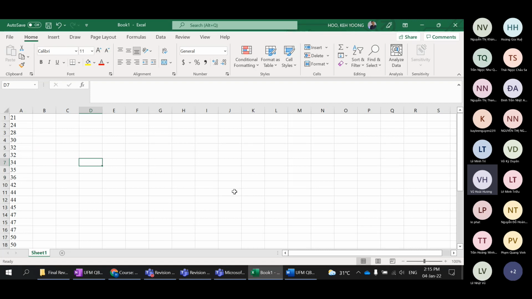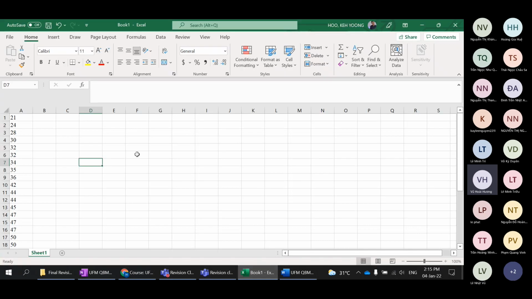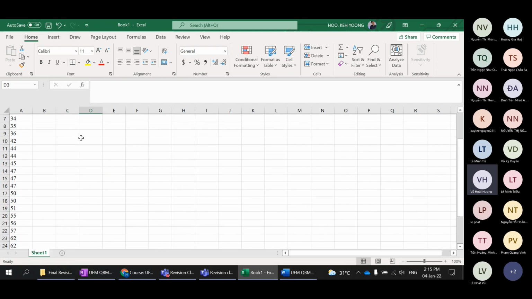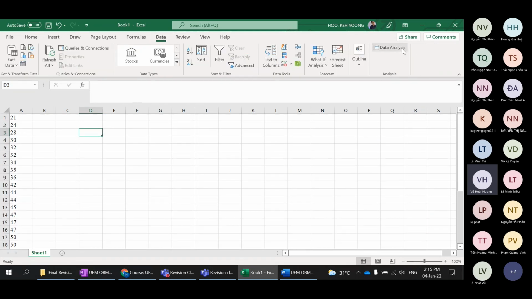Okay, are you guys ready? Later we will use the Data Analysis tool, but I think most of you don't have it now because it's something we have to add in to Excel.